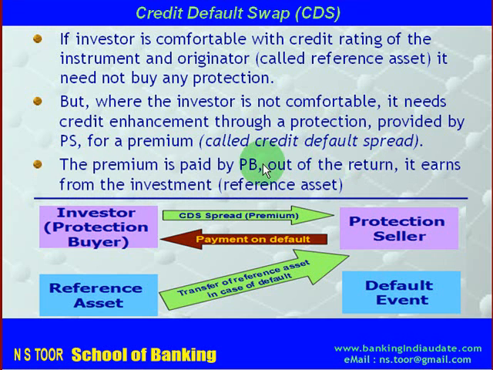Now this premium is paid by the protection buyer out of the return which he is getting from this reference asset. Out of that return he is paying some amount to the protection seller, and in the process he is protected against the risk of default.